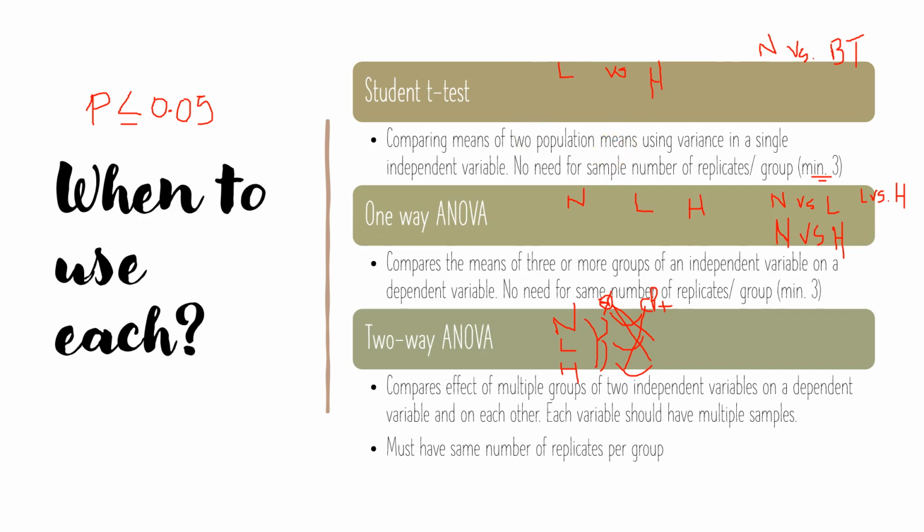We can still run the analysis without having to worry about it. However, for two-way ANOVA, you would then have to use a subset of the data set so that you have the same exact number of replicates in each group. So you have to have at least a minimum of 3 per group, or whatever it is that you need, and the same number of replicates so that you can run your comparison.